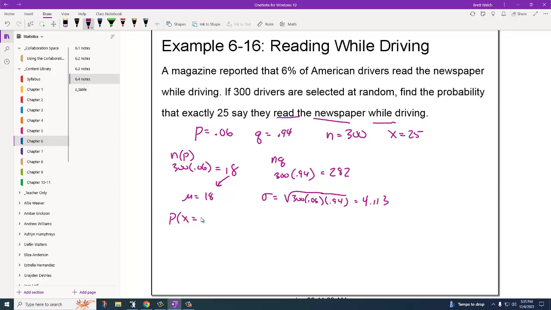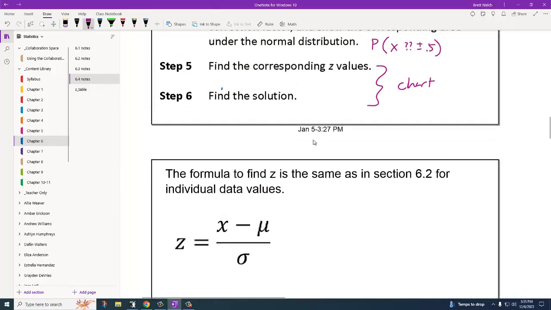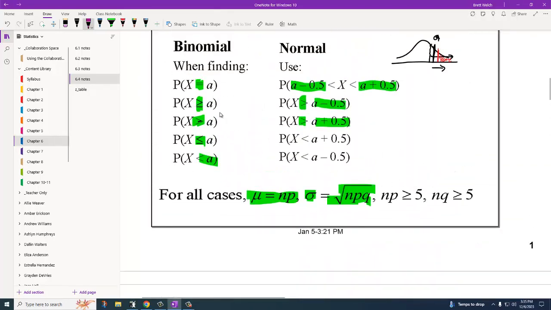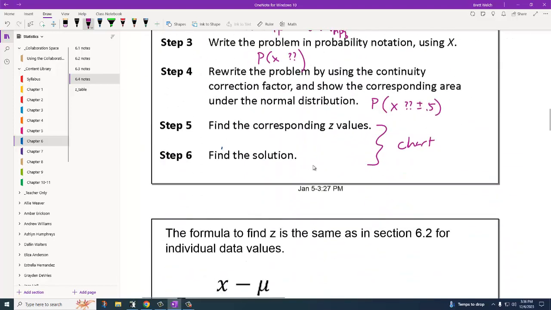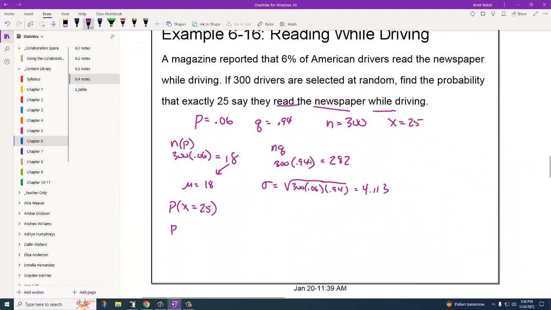I want x to be exactly 25, and if we look at the adjustment for exactly 25, it says if it's equal, then we do in between 0.5 lower, 0.5 higher. So we're going to go up and down both directions for this. So this will end up being the probability that 24.5 is less than x is less than 25.5.